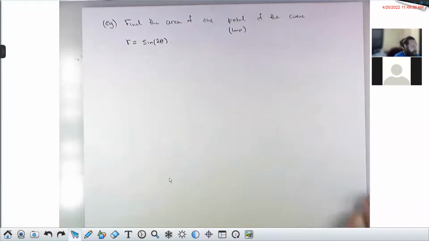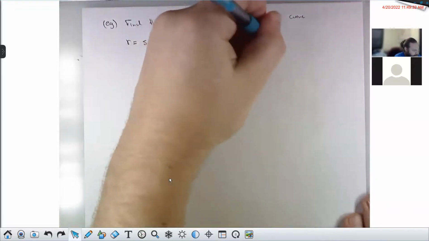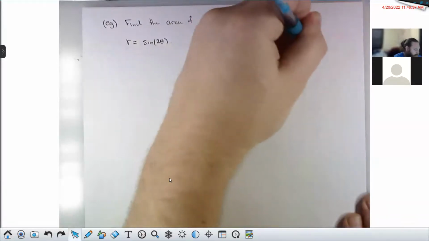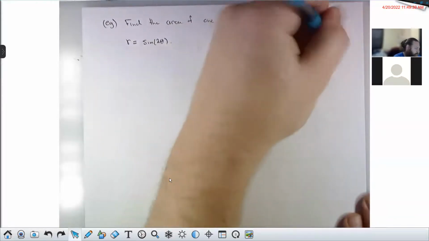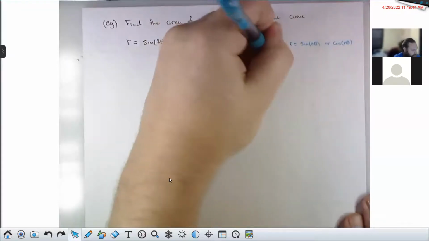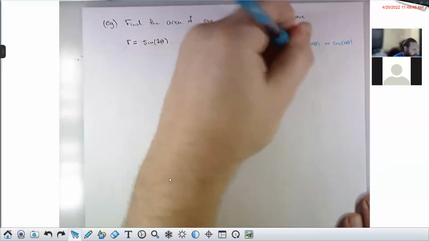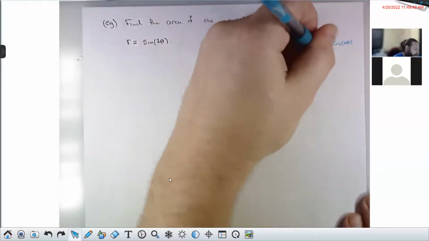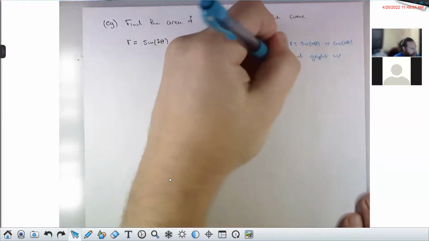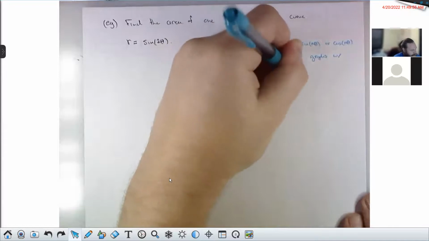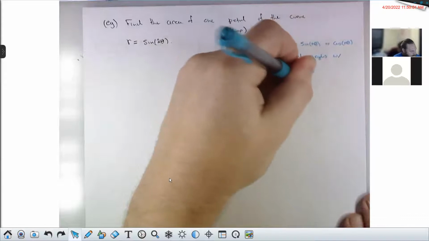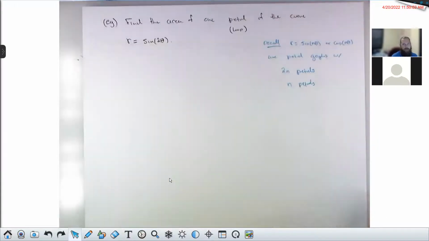I'll go ahead and reveal the answer in the form of a recall. r equals sine n theta or cos n theta are petal graphs with either 2n petals or n petals. Did anybody discover this rule?